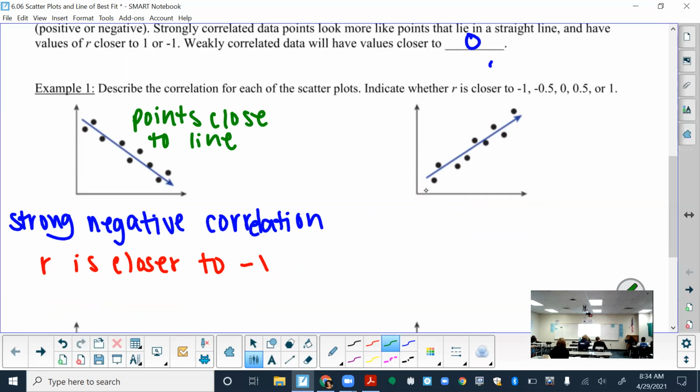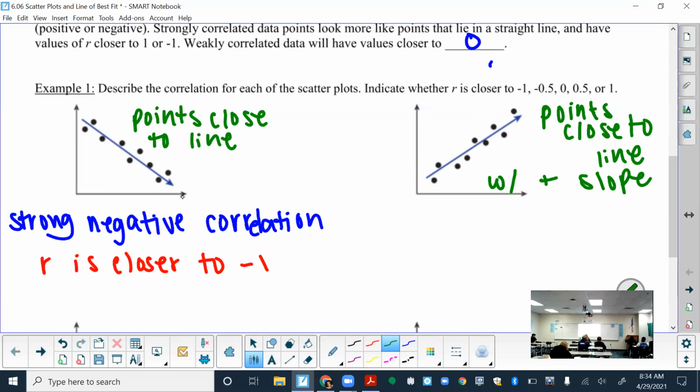What about this one here on the right? Would you say that the points are close to the line? Yeah. Good, points close to line. Would you say that this slope, if you will, is more positive or negative? Good. So points are closer to the line with a positive slope. So how would you describe the correlation?